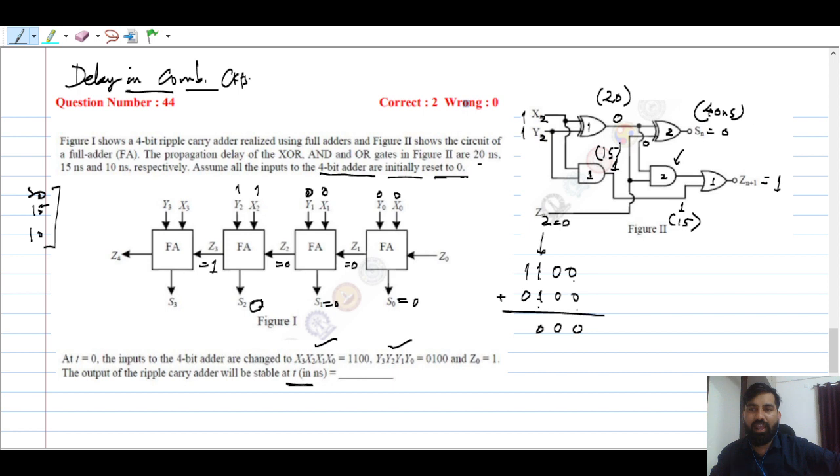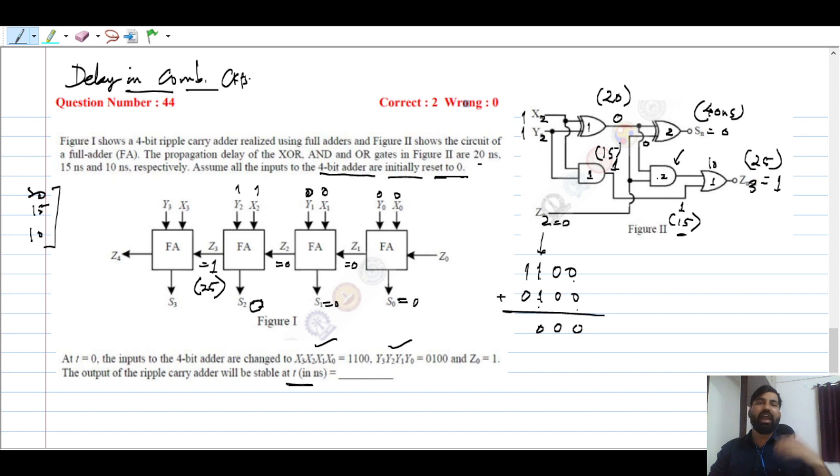So this AND gate is not going to play any role in deciding the carry Z3. This Z3 is going to be 1. This one will be available at 15 nanoseconds, and the OR gate is going to respond after 10 nanoseconds, so your Z3 will be available at 25 nanoseconds.